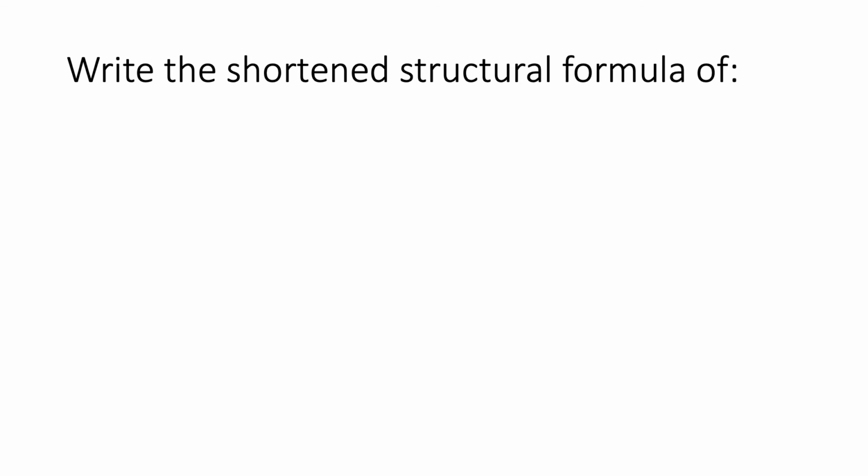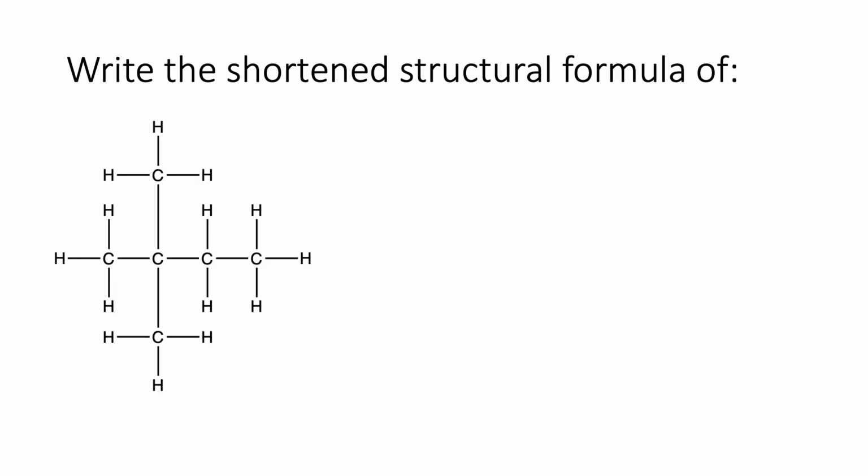What happens if we have more than one branch? Well, let's start in exactly the same way as before. We will split our carbon chain up into individual carbon atoms. The first carbon is CH3. Our second carbon is just a C on its own, and we're going to put our branches in brackets.